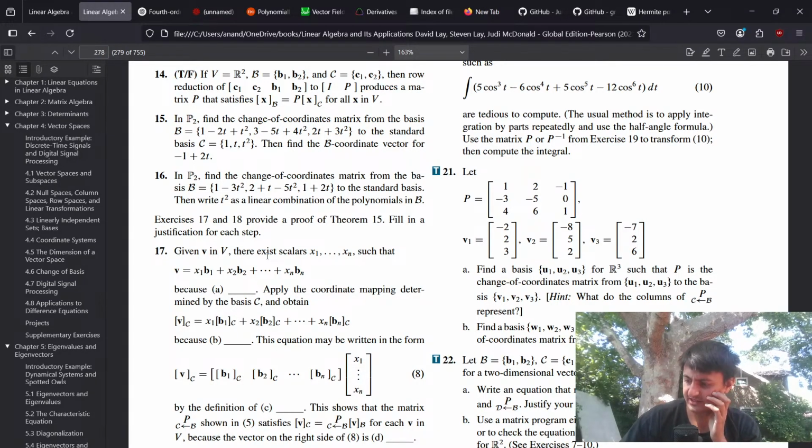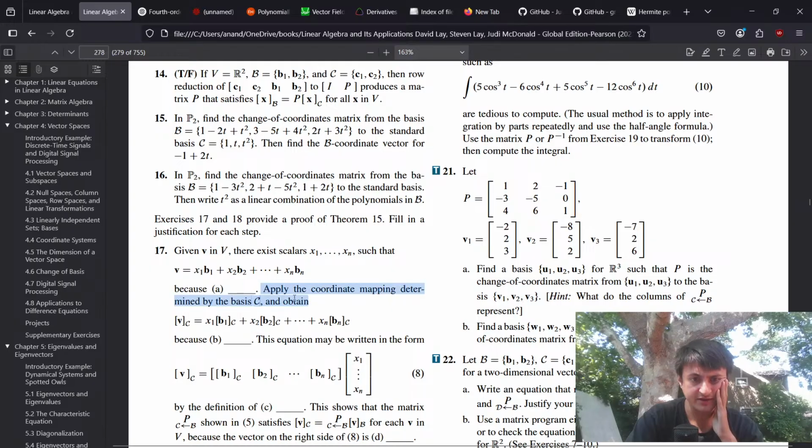I guess I'm gonna say because B is a basis and therefore spans V. That's what I'm gonna say. For A, I'm gonna say it's because B is a basis that spans V.